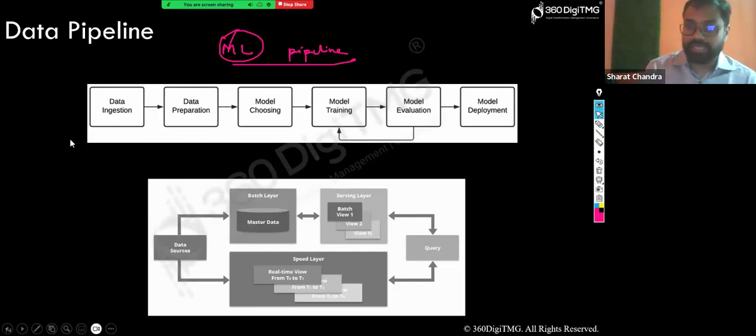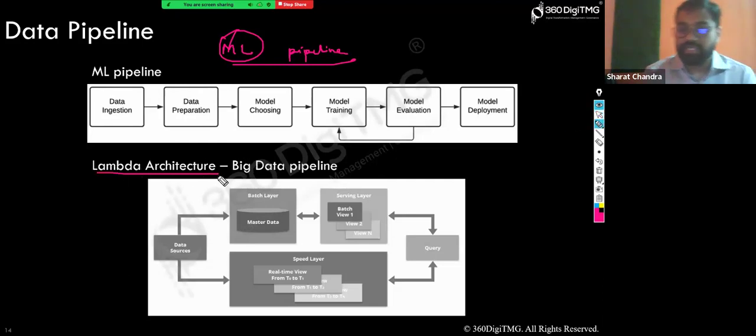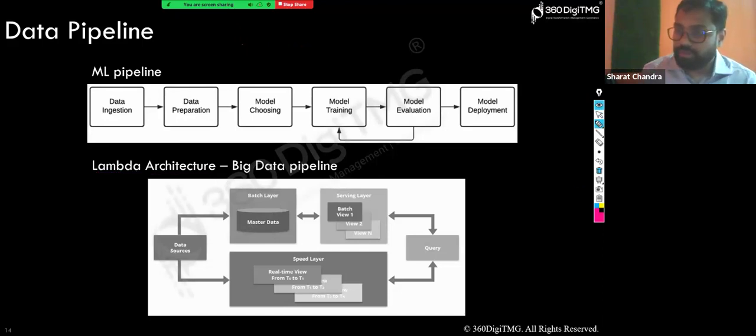Right? For example, this is one architecture that the majority of businesses use. We call it Lambda architecture. I'll take an example of Amazon. Amazon has historical data. So, for example, you are a customer and you have an Amazon account.